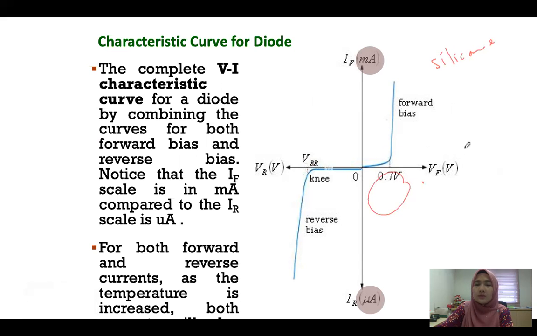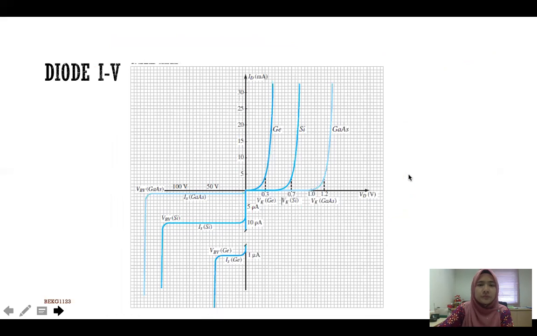Why? Because the knee voltage is 0.7. If the knee voltage is 0.3, then this graph actually shows the VI characteristic of germanium. So you look at here, the difference between the VI characteristics. This first line over here is the VI characteristic of germanium.